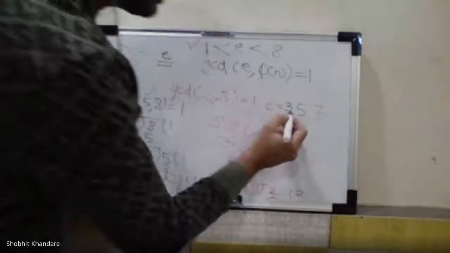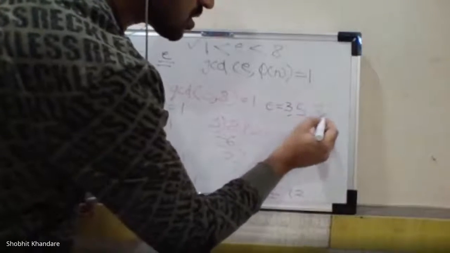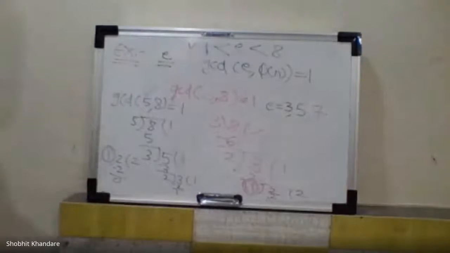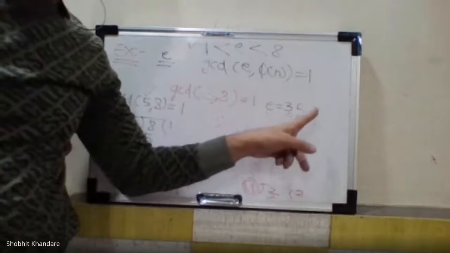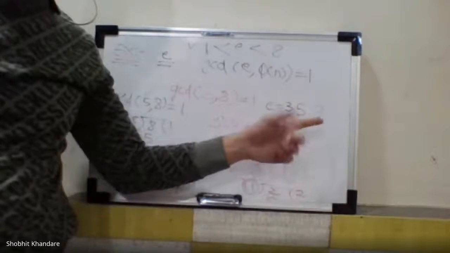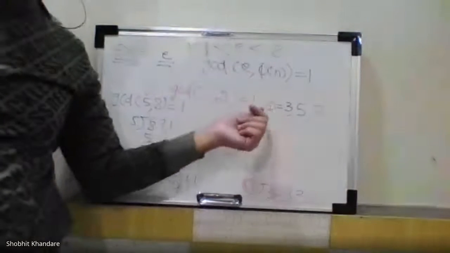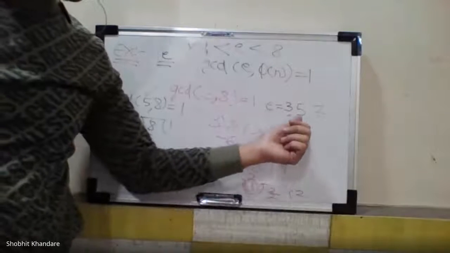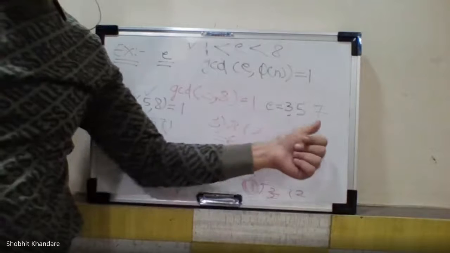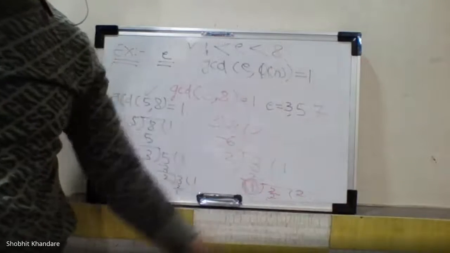So I can take E equal to 3 or 5 or 7, as these numbers fall in between 1 and 8, and the GCD of 3 comma 8, 5 comma 8, and 7 comma 8 all come to be 1.